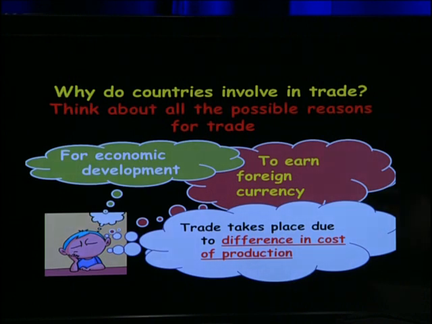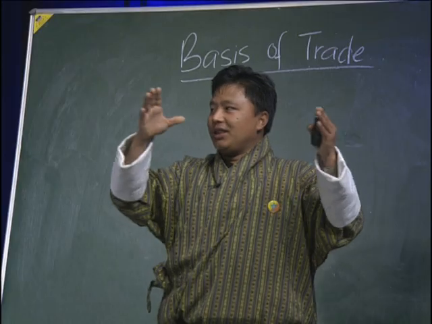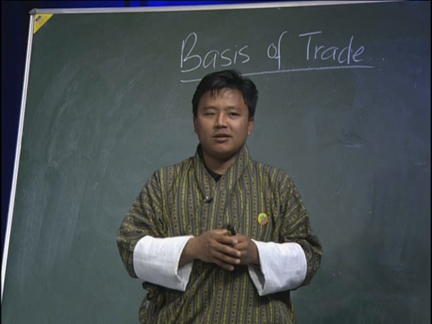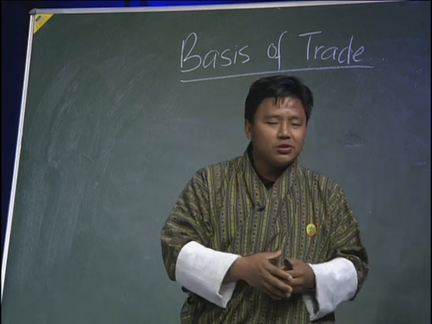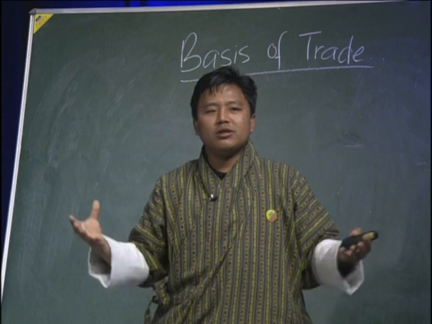Can you repeat one more time? Trade takes place due to difference in cost of production. Now we are done with the reasons, and we know why different countries get involved in trade.